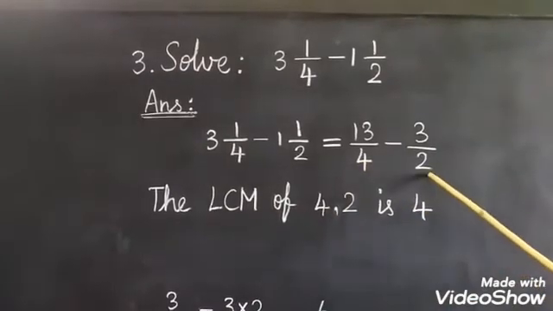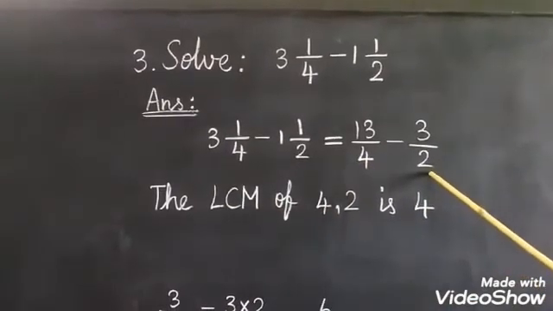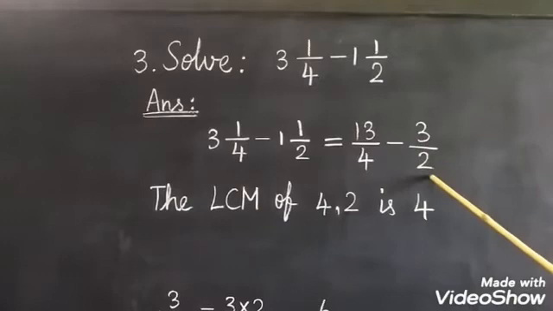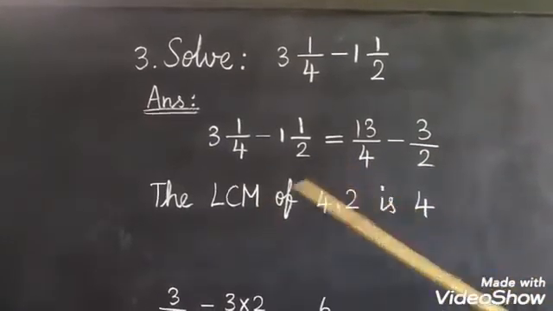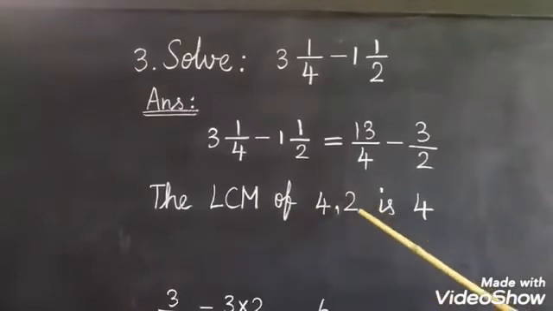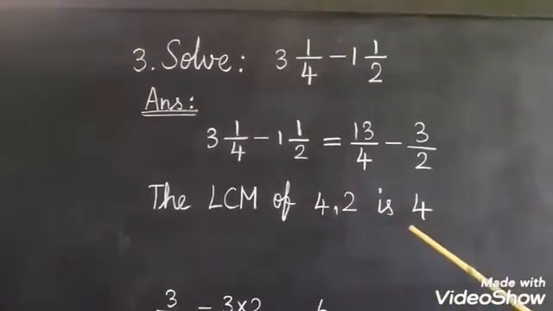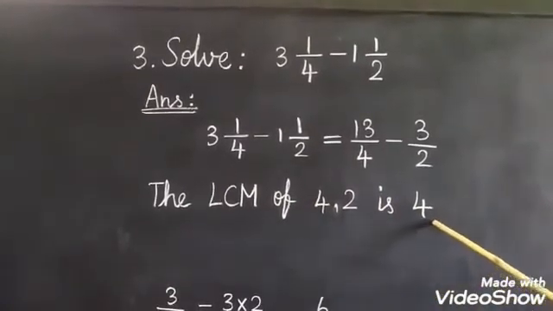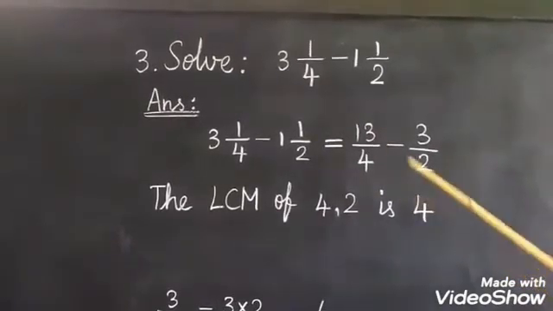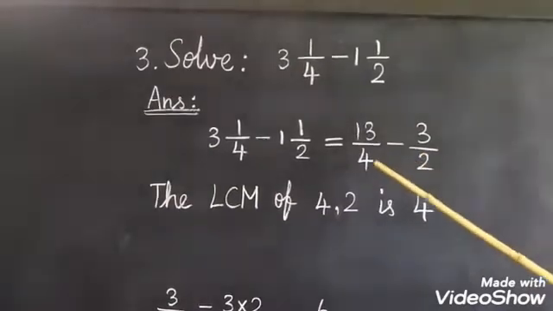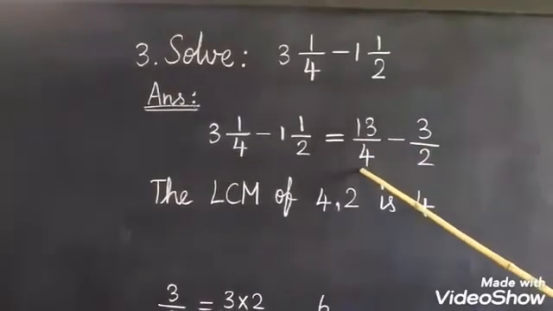If we have different denominators, we have to change them into like fractions. So we want to take the LCM. LCM of 4, 2 is 4. You have to calculate the LCM. Then we will get 4 as the LCM. So see the first fraction, 13 by 4 we have.